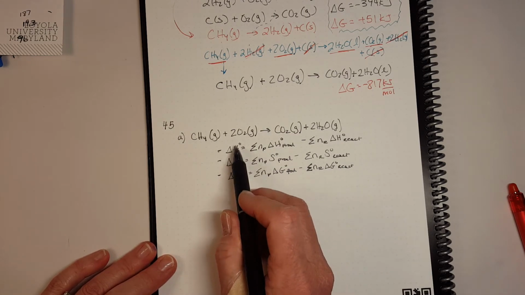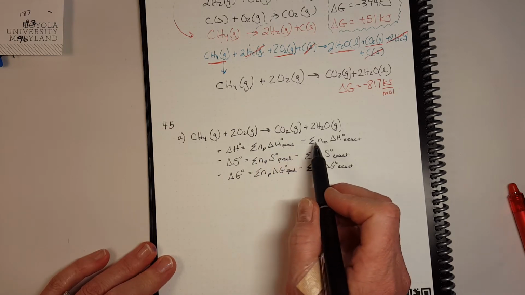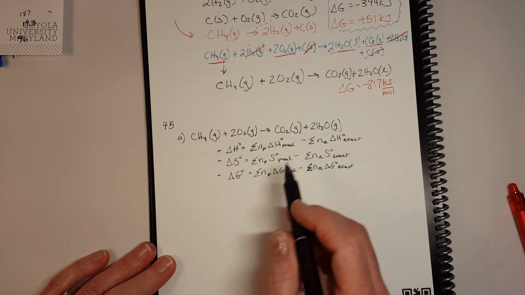And if I want to find the delta H for that reaction, I'm going to add up all the delta H's for the products in standard state, and then I'm going to subtract all the delta H's for the reactants.